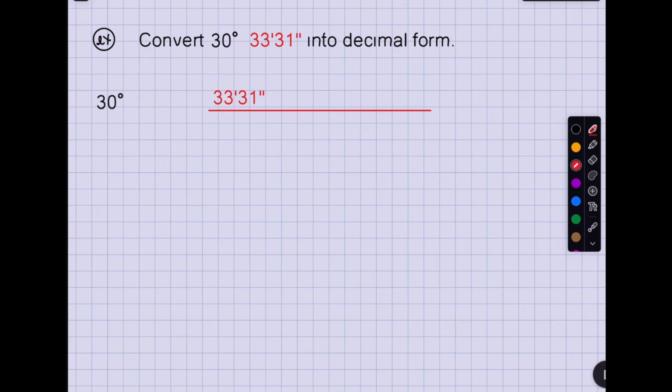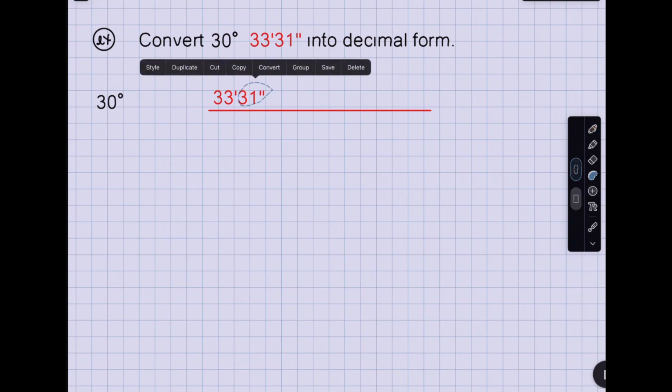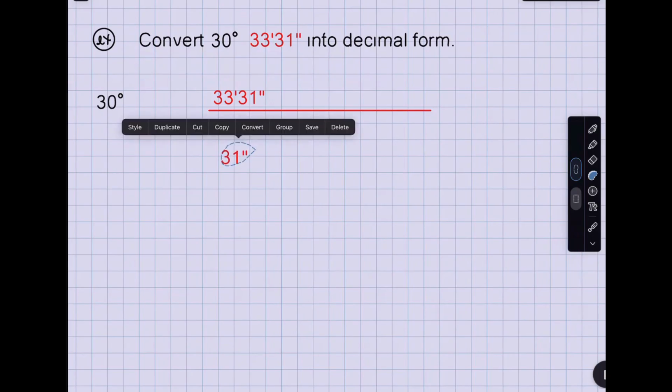Do you want to convert it separately? Convert this separately. Because I could say, okay, let me take this and convert this separately.